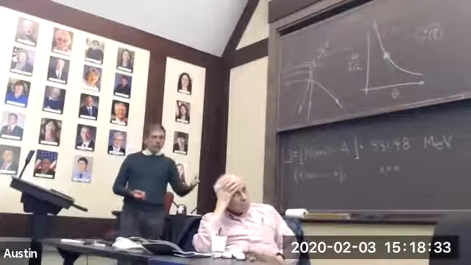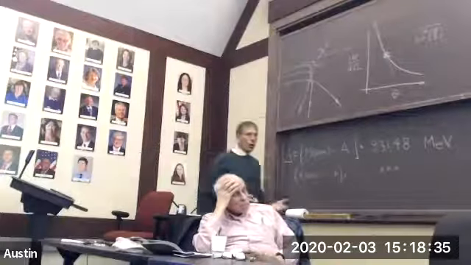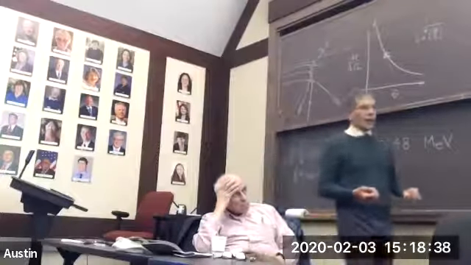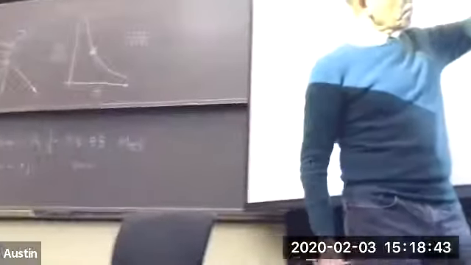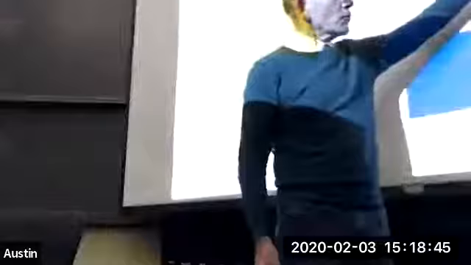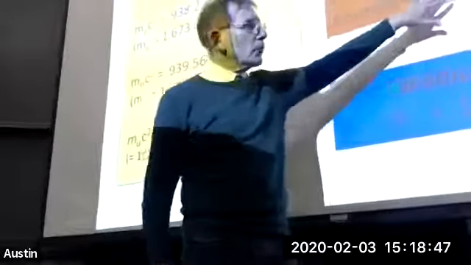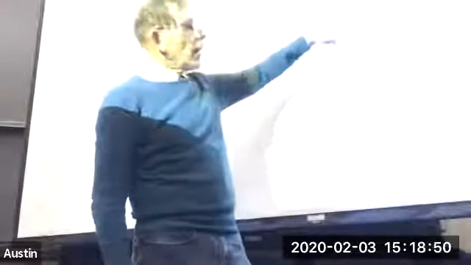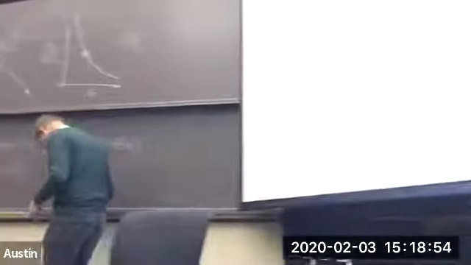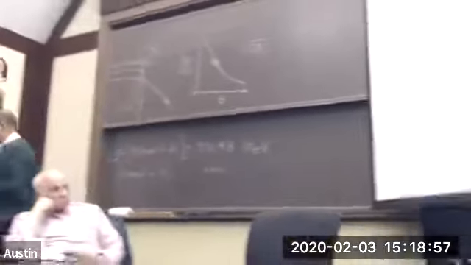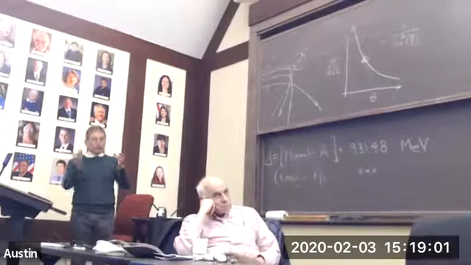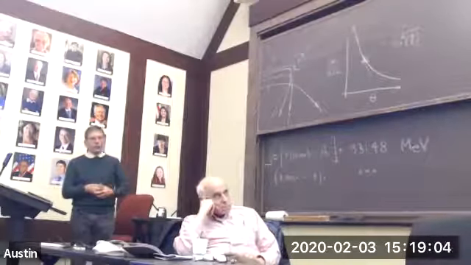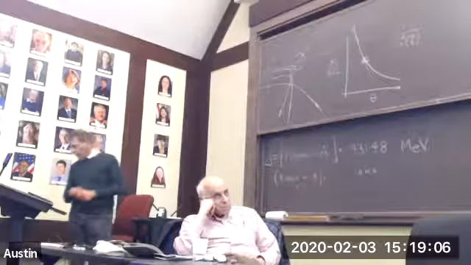Nuclei are 4 orders of magnitude smaller than that, and the currency of energy levels in atomic nuclei is in hundreds of keV, tens of hundreds of keV, up to tens of MeV. And as you saw, the Q values for reactions compared to chemical reactions are a clean 6 orders of magnitude higher.